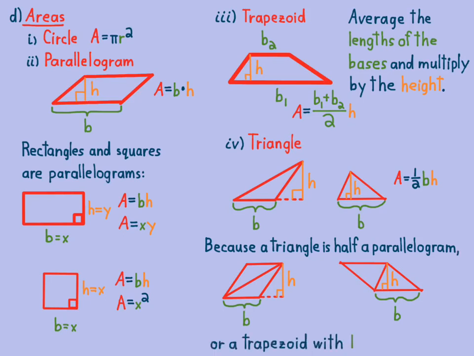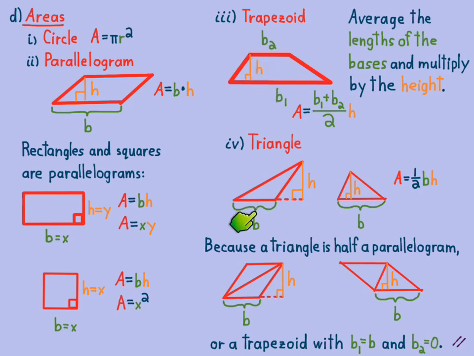Another way to think of this, if you happen to not remember the area of a triangle formula, is that a triangle is like a trapezoid. It's like a trapezoid, except that the top base, B2, has been made length 0. See that? You just squeeze that line segment down to a single point. And so the formula would be, you would average this one and 0.